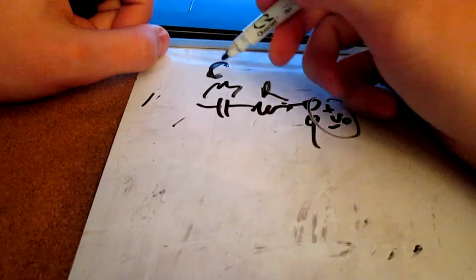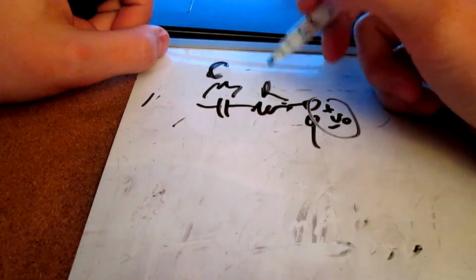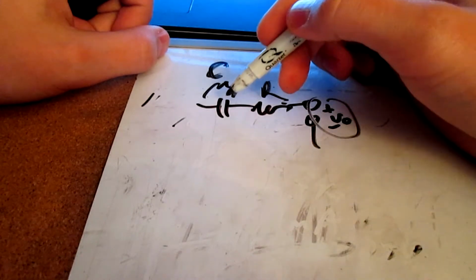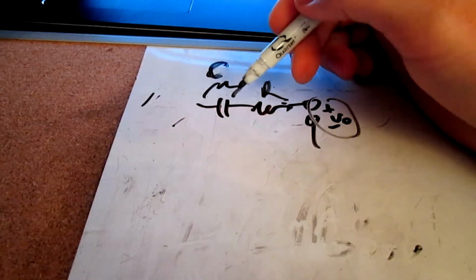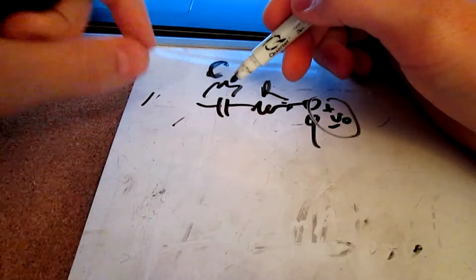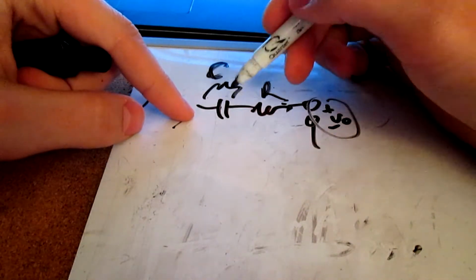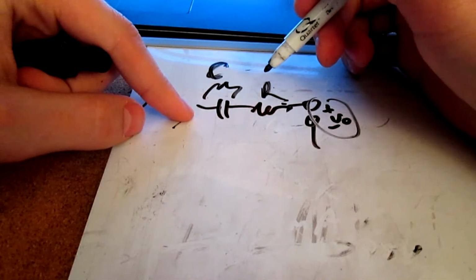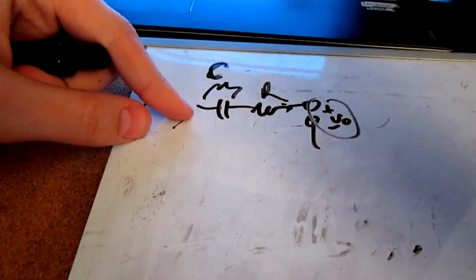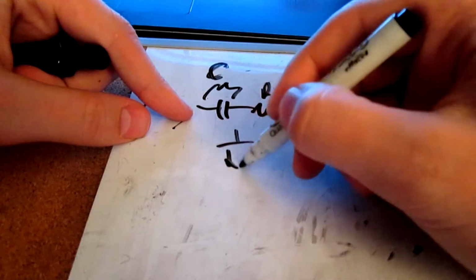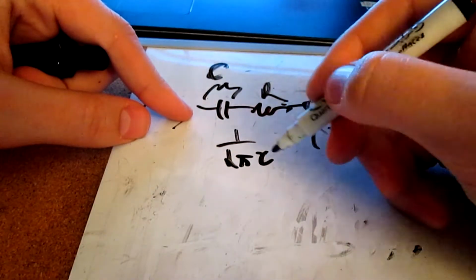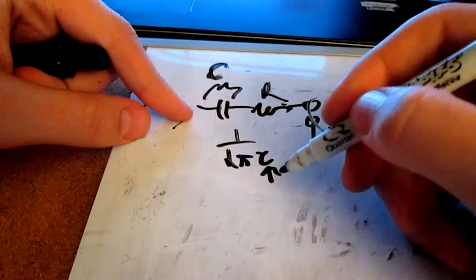So here we have a high pass filter, our resistor, capacitor. The reason this works is because a capacitor acts as a short circuit at high frequencies. And we have 1/2 pi tau, tau being our time constant, RC.